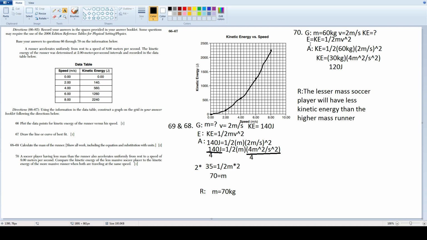We proved this by solving it, replacing his mass with a lower one, and we saw that he gets a lower kinetic energy. Instead of getting 140 joules of kinetic energy, you get 120 joules if you lower the mass to 60 from 70. And that is our answer.